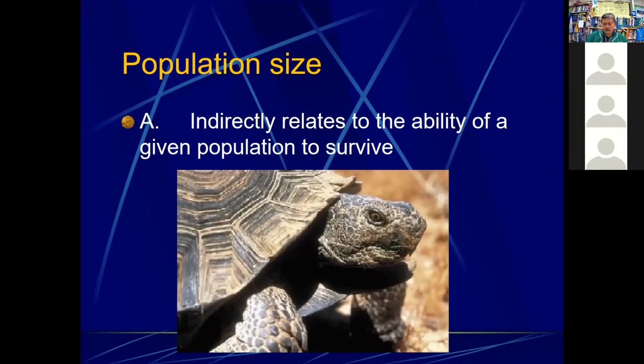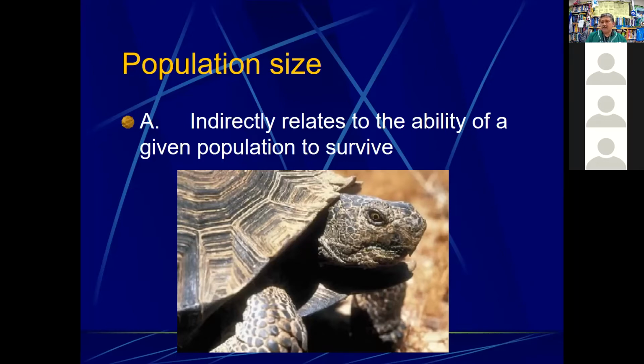So let's say you took a look at the population of California desert tortoises, gopher tortoises, in the Mojave Desert. That might be a defined area, and you would have a certain population size. Well, the population size indirectly relates to the ability of a given population to survive. Because if you have more individuals, then you have a higher chance that they will encounter one another, and then they'll be able to mate.